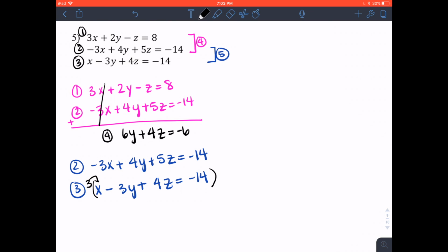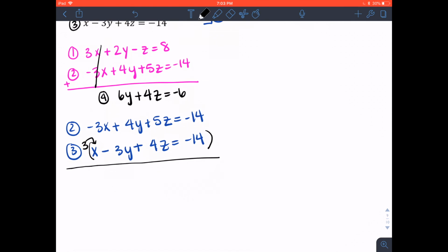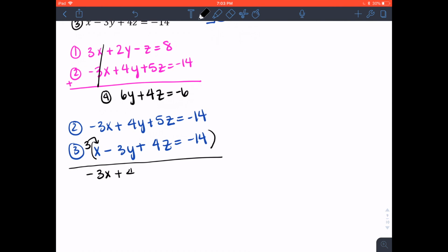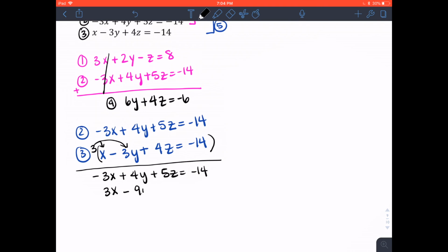But if I do that, remember, you have to multiply each term in that equation by positive 3. So down here below, I'm going to copy and paste equation 2 because I didn't do anything to that one. So I'm just going to bring it down. Negative 3x plus 4y plus 5z equals negative 14. And then we have 3 times x, minus 3 times y, which is 9y.